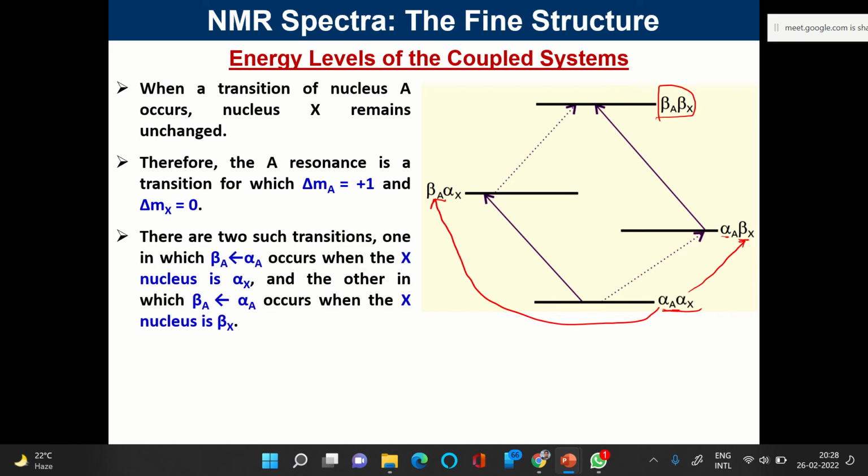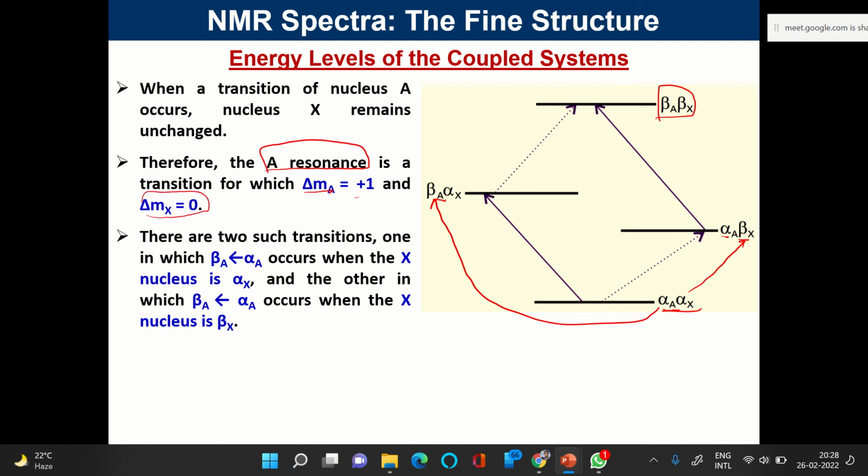So for the resonance of a system, the change that you will find will be plus 1, minus half to plus half, something like that, and for the other system at that same time the change will be 0.